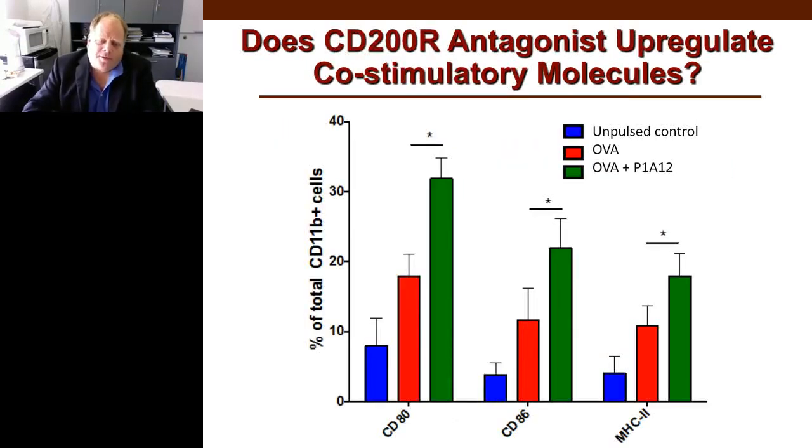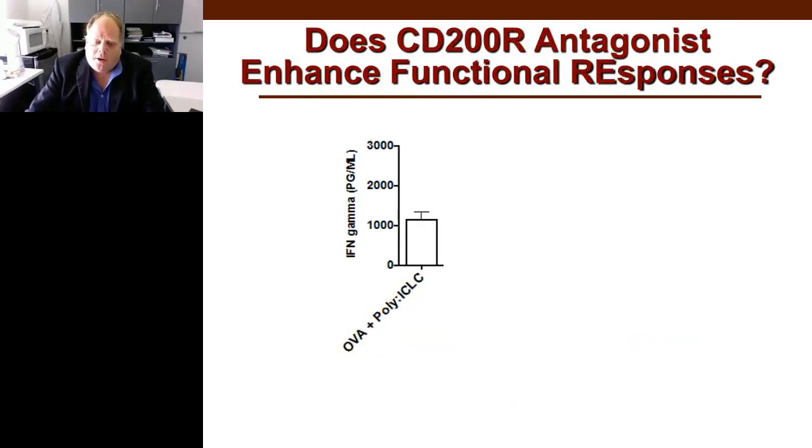Moreover, if you look at the spleens, when you pulse with OVA, or OVA plus our antagonist, you get increased co-stimulatory expression of CD80, CD86, as well as MHC class 1. So we wanted to know if this is going to enhance our immunogenicity. So we went back to an OT1 mouse model, and we showed that if you pulse wild-type splenocytes with OVA plus poly-IC, and you come in with these transgenic OT1s, which already have the TCR for the SIINFEKL peptide, you get some kind of a response.